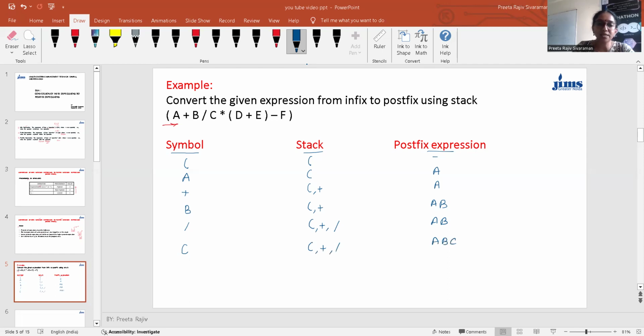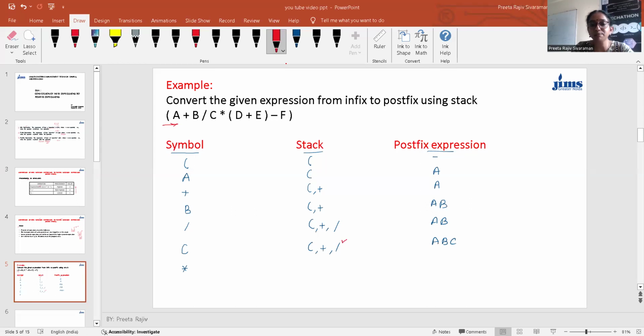Right? The next character scanned is multiply. And where does it have to go? It has to go to the stack. So which element is on the top of the stack? Divide. And we know that the multiply operator, which is coming, has the same priority as the divide. So no two operators of equal priority can be in the stack.